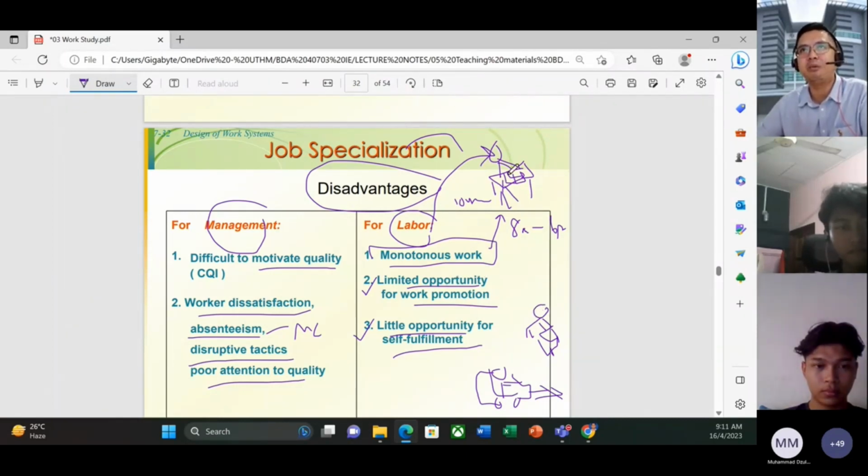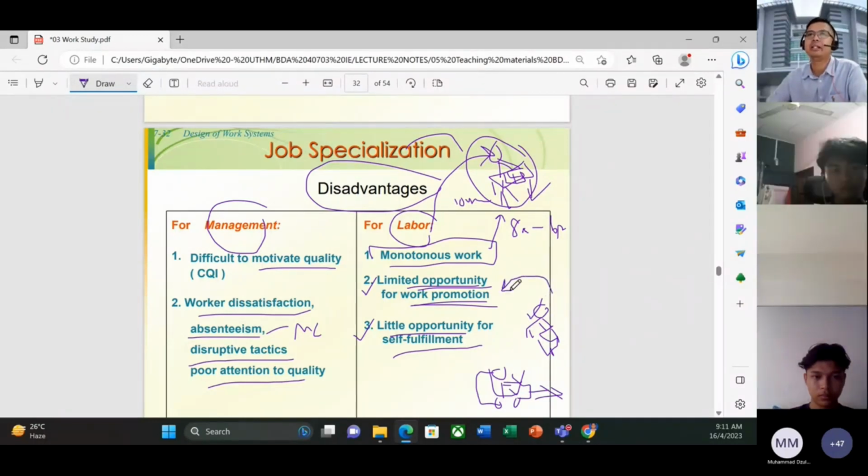Because of single job specialization, there is limited opportunity for work promotion. Compare that with Abu, who can perform three different types of job: drive a forklift, manually handle a box, and the existing current job. So task one, task two, task three. The chance of getting a work promotion will be higher. Okay, this is an example.